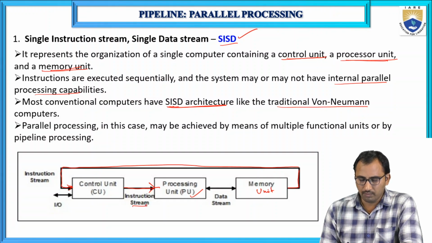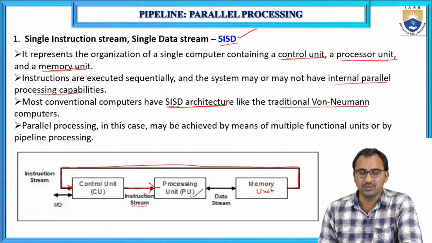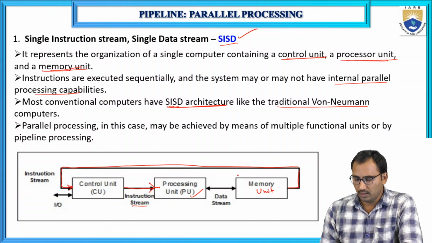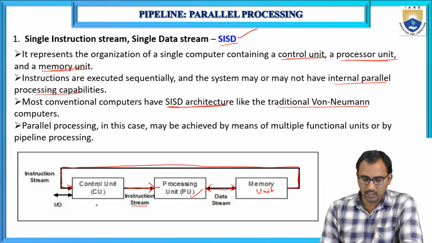The instruction stream is unidirectional from the control unit to the processing unit, whereas the data stream is bidirectional between the processing unit and the memory unit. The control unit is also able to communicate with the IO devices.